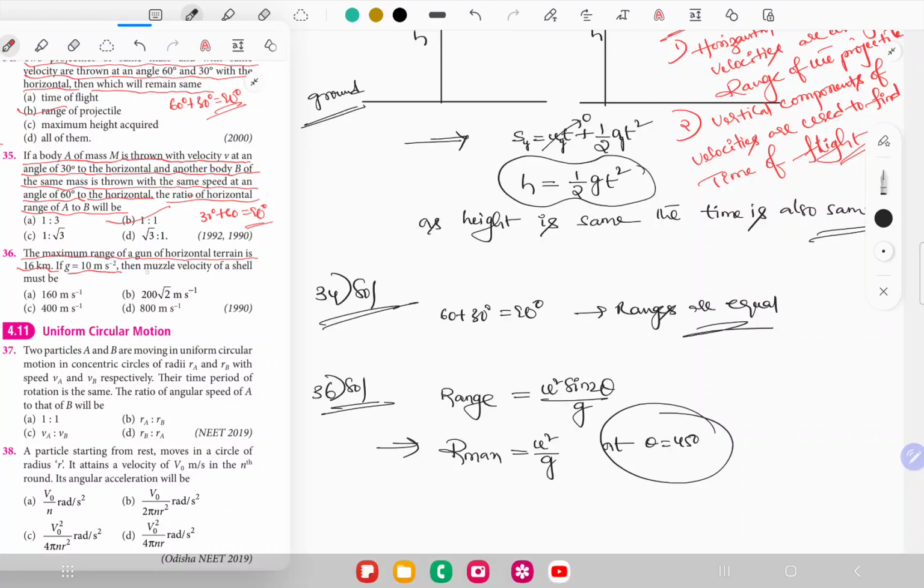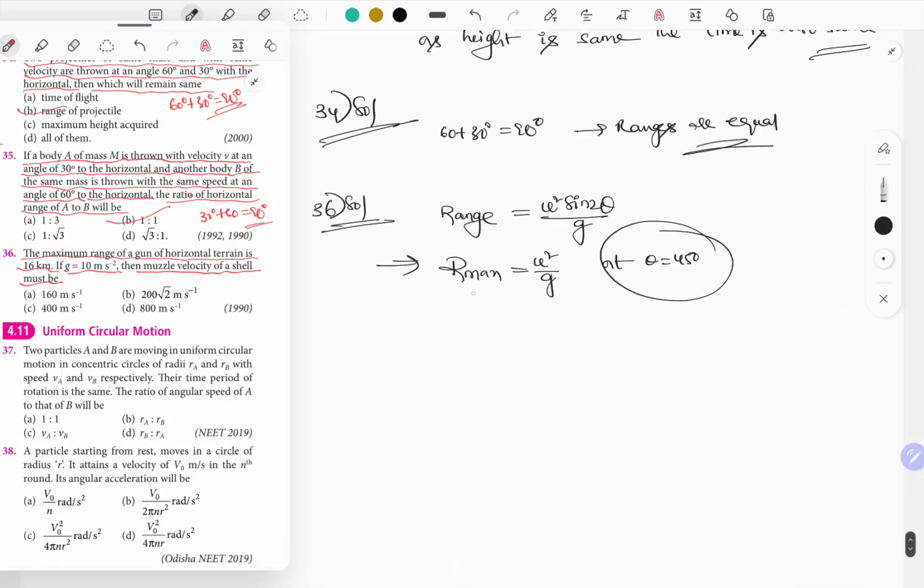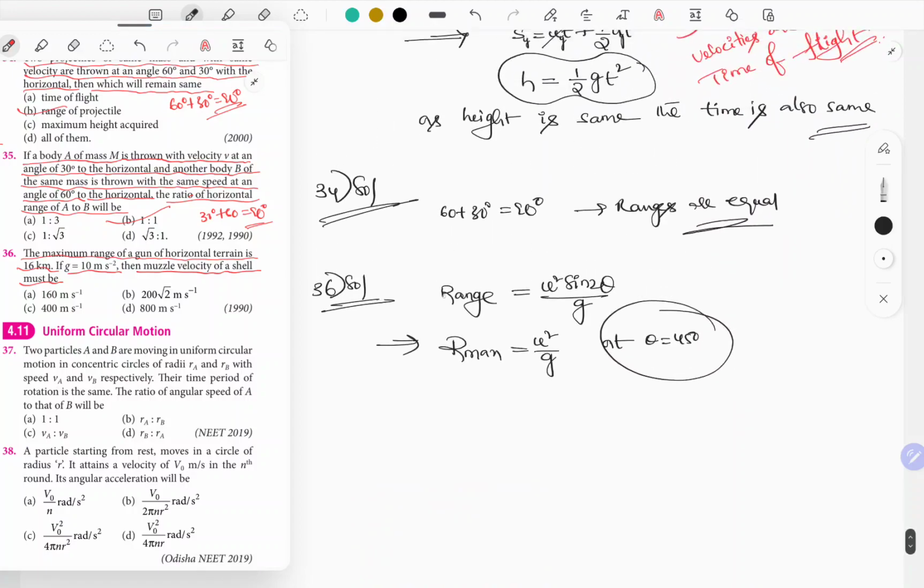If g is equal to 10 meter per second square, then the muzzle velocity of a shell must be. So they're asking velocity from this equation. What's the value of R maximum they have given in the question? R maximum is 16 kilometer, which is equal to u square by the value of g, 10.